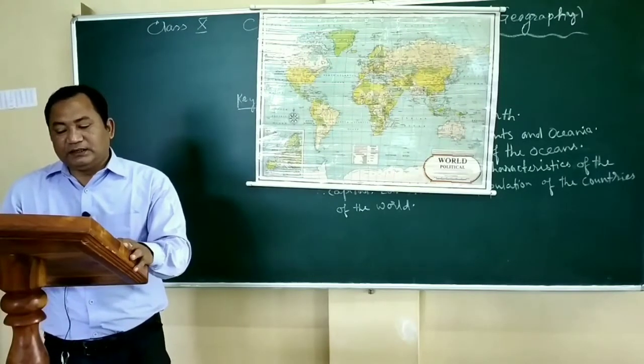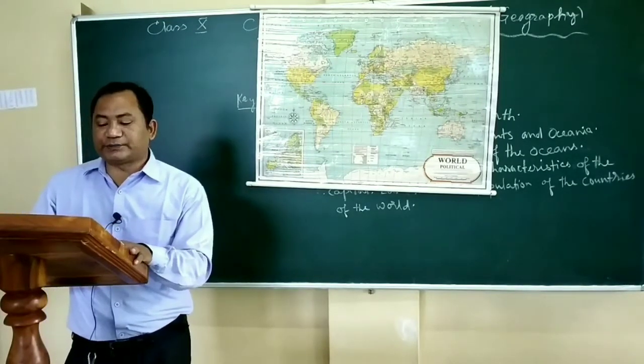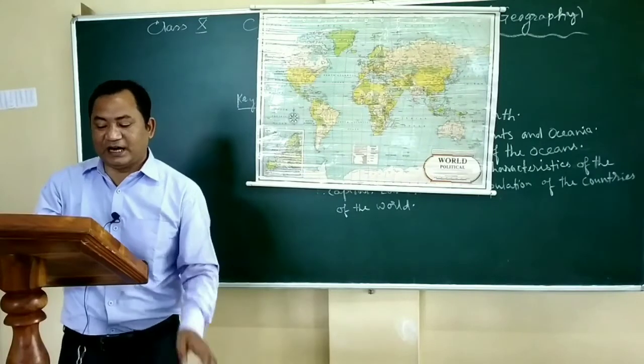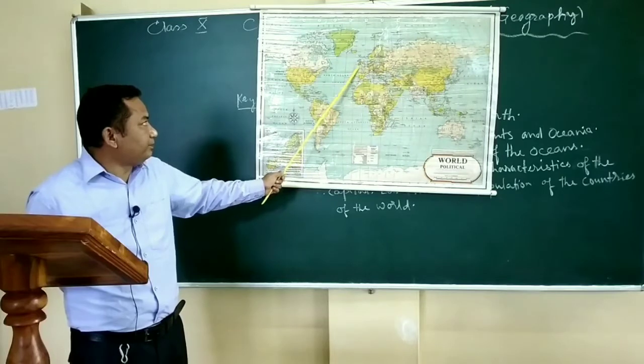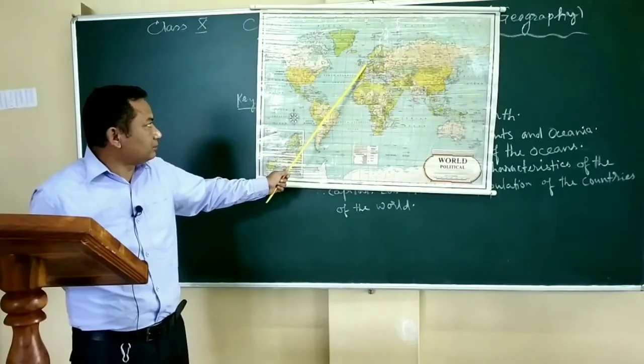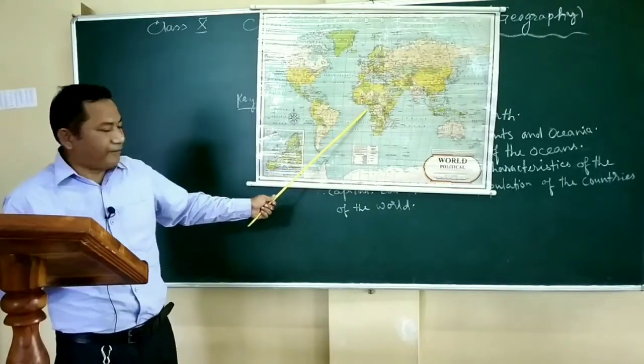It means the first part of the lithosphere is formed by the continents of Asia, Europe, and Africa.